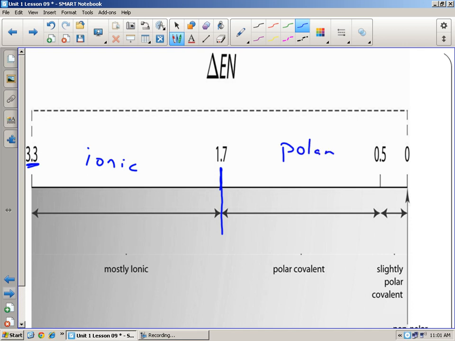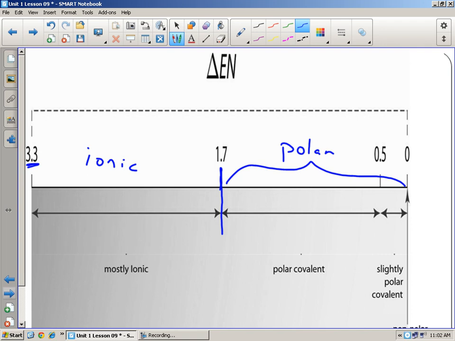So polar sharing, yes, nonmetals. And then if we get down to 0.5 to 0, it says that it's slightly polar covalent. Honestly, I don't care. As far as I'm concerned, I would say that this whole thing up to 0 here is polar.